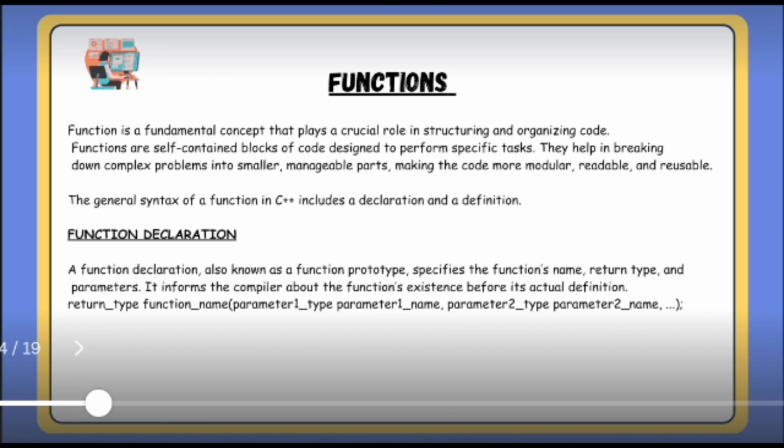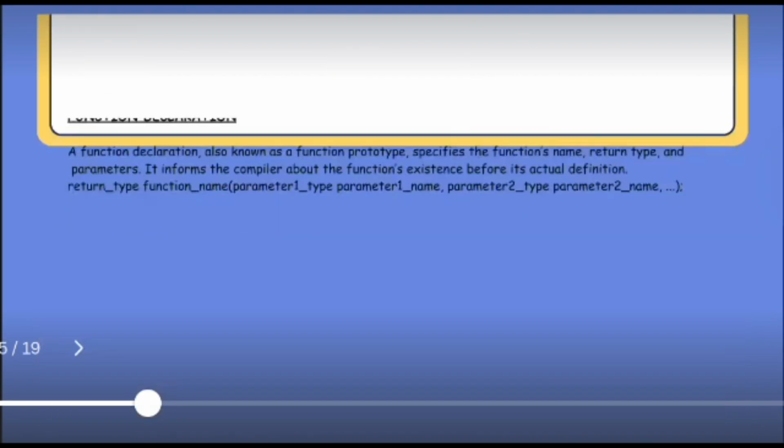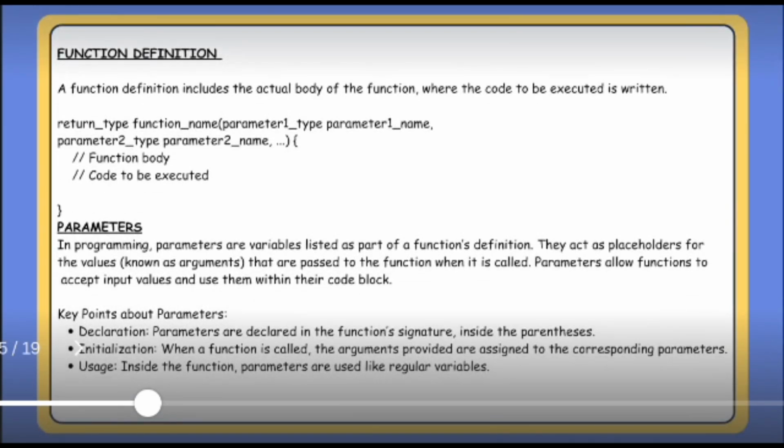It includes a declaration and definition. So the function declaration is also known as the function prototype. The syntax is the return type, the function name, and the parameters in parentheses. Then the function definition.